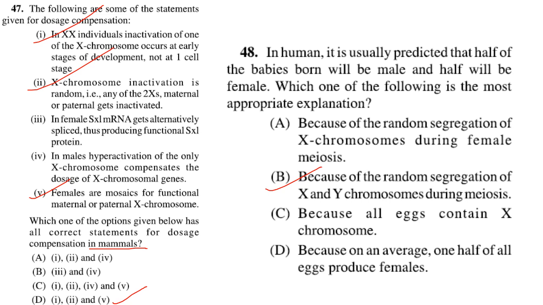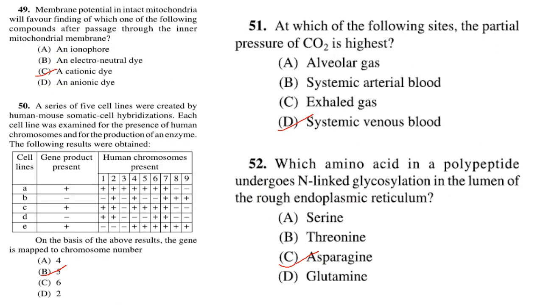Because of the random segregation of X and Y chromosome during male meiosis. So sex is determined by the sex chromosome in the sperm that fertilizes the female egg. Half of the sperm have X chromosome and half have Y chromosome. So this is the reason for the question. So the answer is option B.